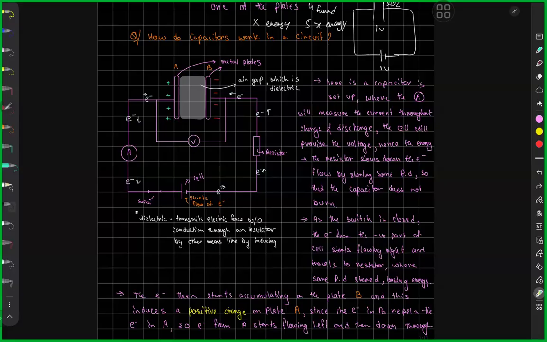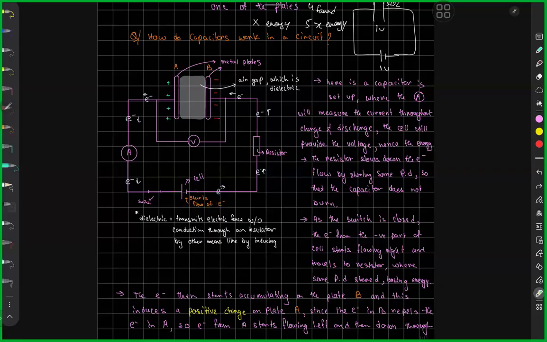Beyond this point, the capacitor no longer gets charged. It no longer stores further energy. The circuit keeps moving. That is to say, the electricity keeps flowing. I'm not going to say that the electricity doesn't flow. Obviously it does, because there is PD across these 2 points causing electrons to flow.